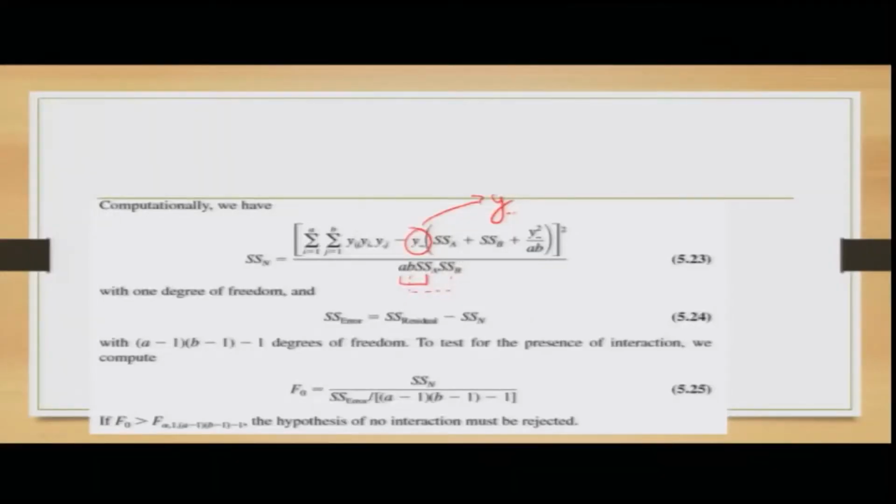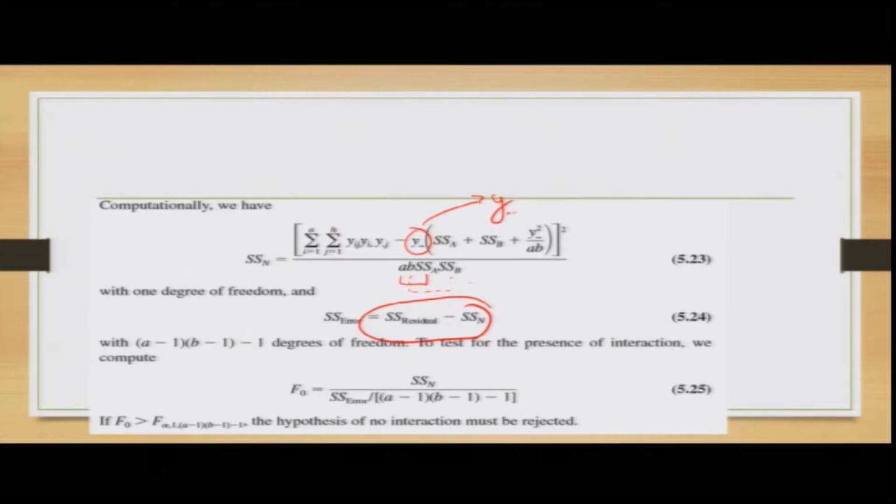I am trying to find out the sum of the squares, multiplying them, and those would be summed from j equal to 1 to b, which is for factor B, and i equal to 1 to a, which is for factor A. So, with 1 degree of freedom, we can find out the sum of the squares of the errors, which is for the residuals, minus the n that we found. The degrees of freedom for the errors would be a minus 1 into b minus 1, minus 1, because we are considering only one cell concept.